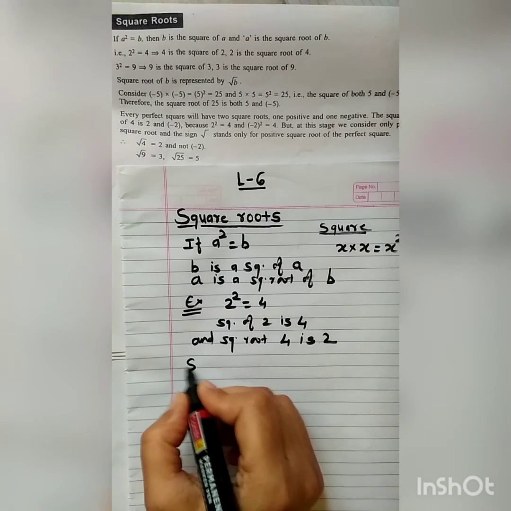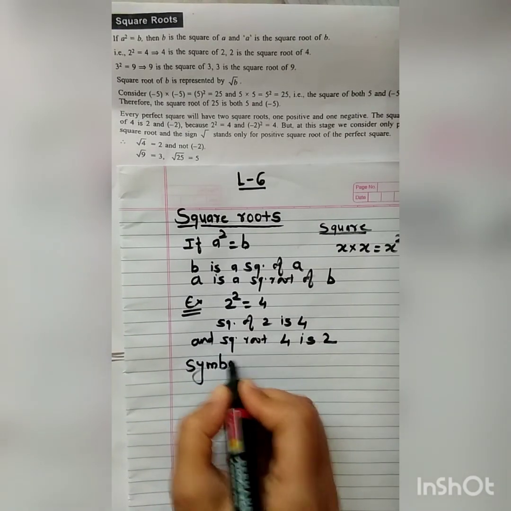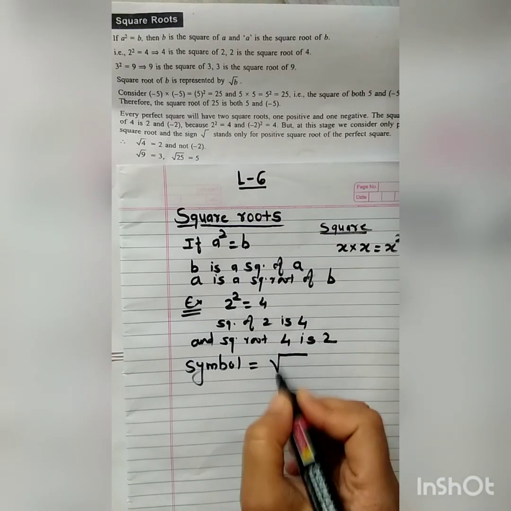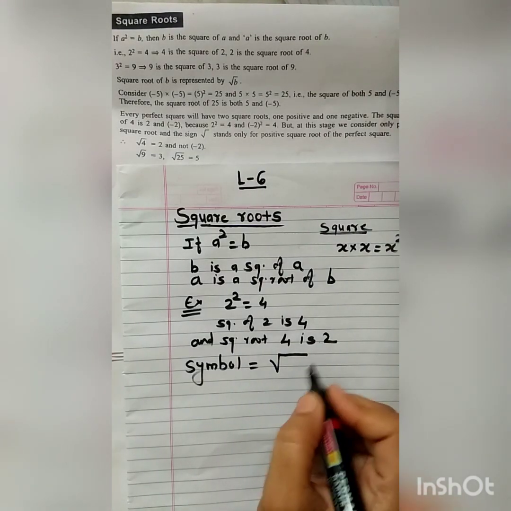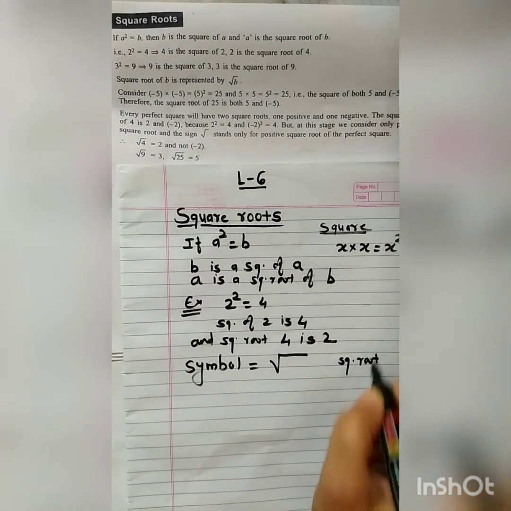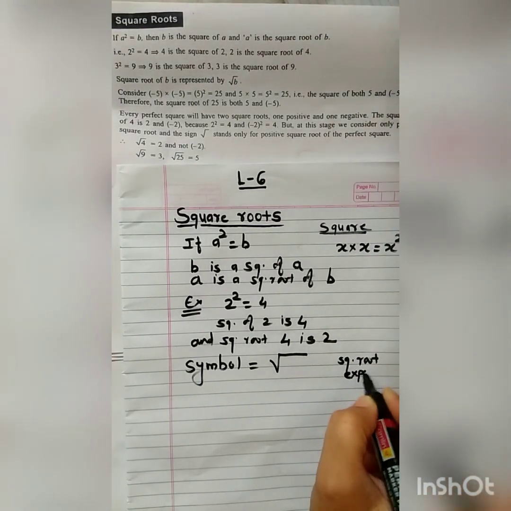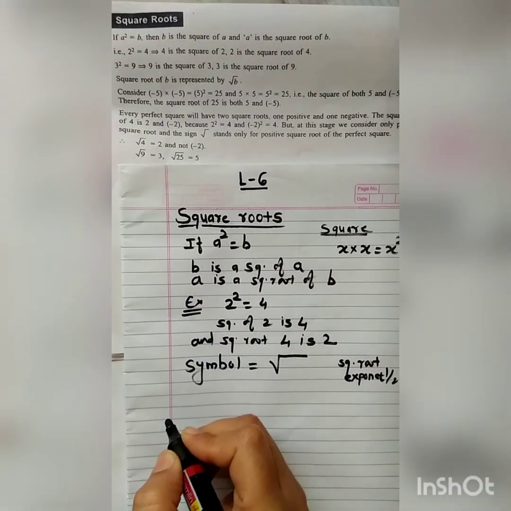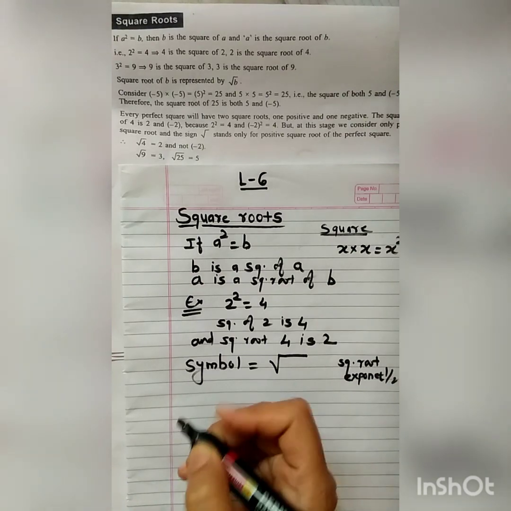The symbol for square root is this, the under root. You are saying under root or the square root. Square root means exponent 1 by 2.